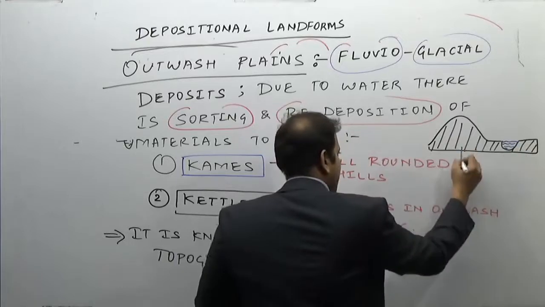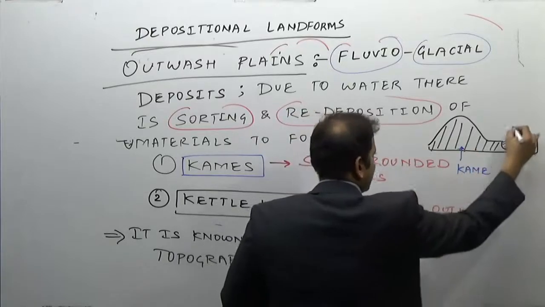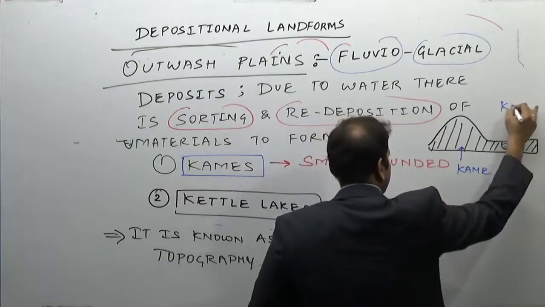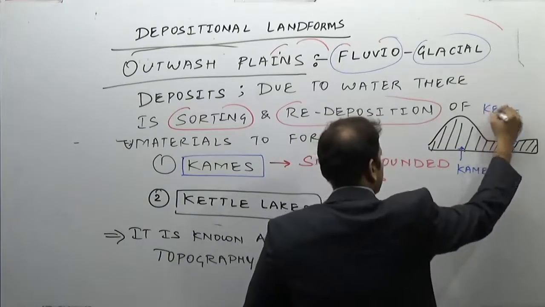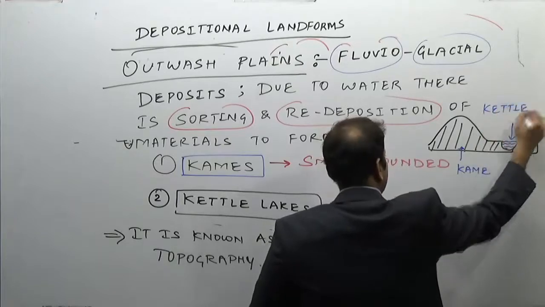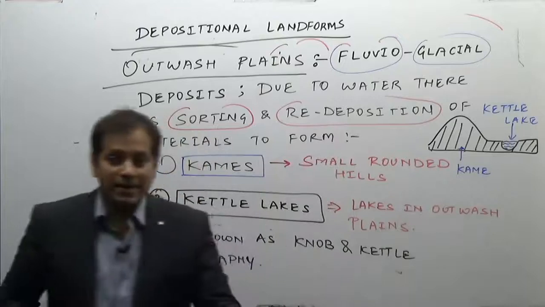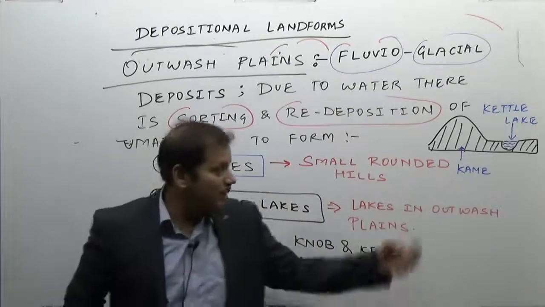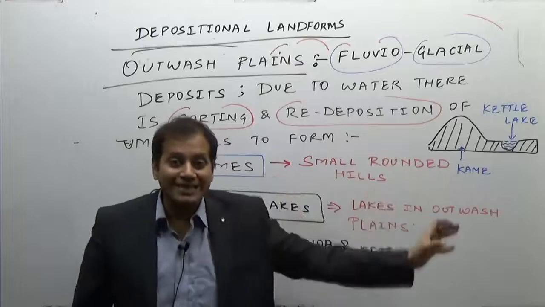So this is a kame and this is a kettle lake. Why knob and kettle? It just looks like a teapot. So that is why knob and kettle topography.